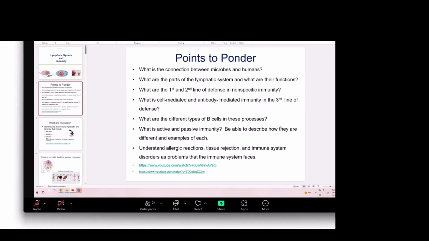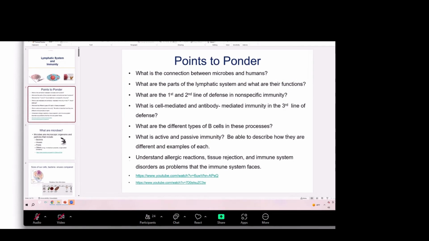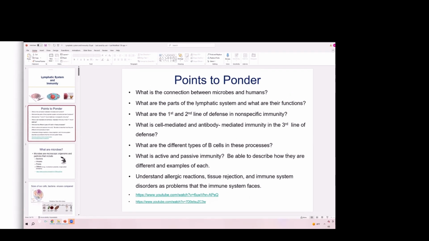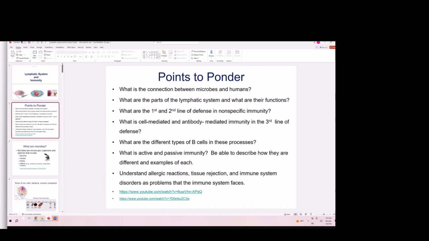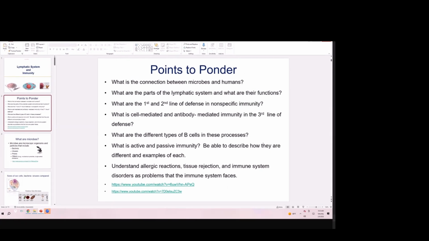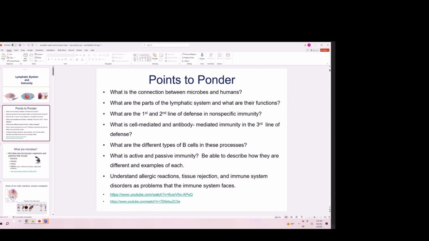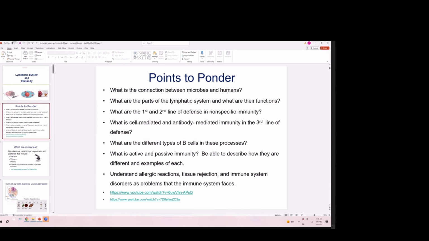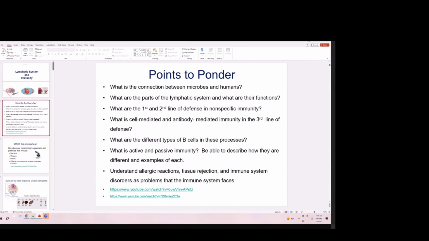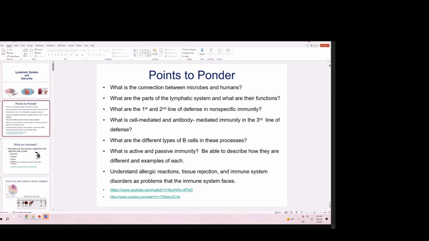And to do that, we will talk about microbes, which are things that you can see under the microscope, and how they relate to humans. We'll talk about some beneficial uses of microbes, but of interest, we'll talk more about the microbes that make us sick, which we'll refer to as pathogens.